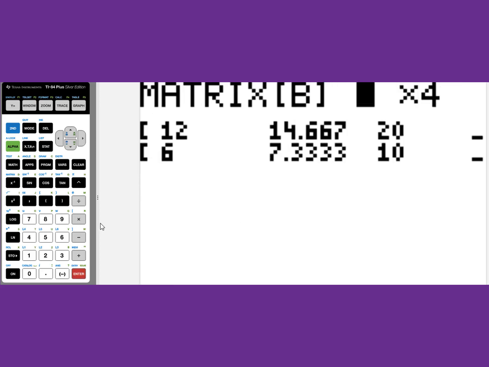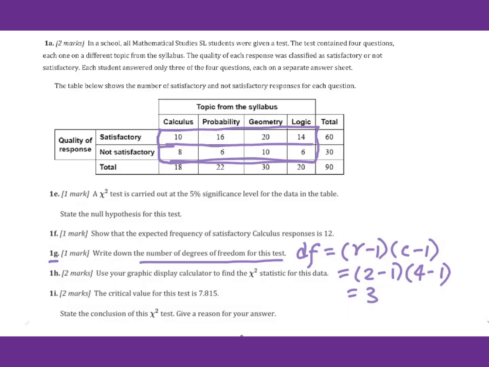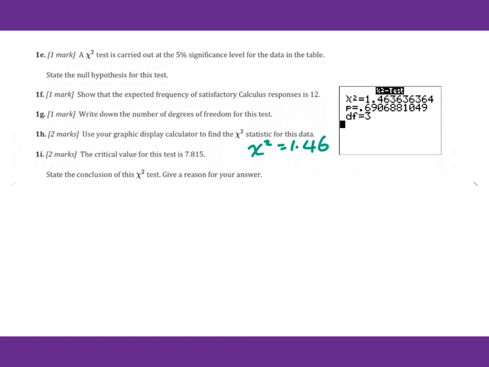But sometimes in the IB exam, you need to show the math work, how to get this expected frequency value. So we get the chi-square value equals 1.46. Remember 3 significant figures.